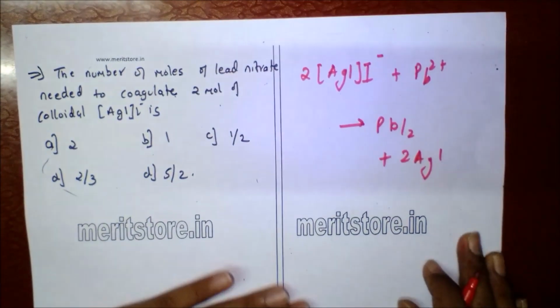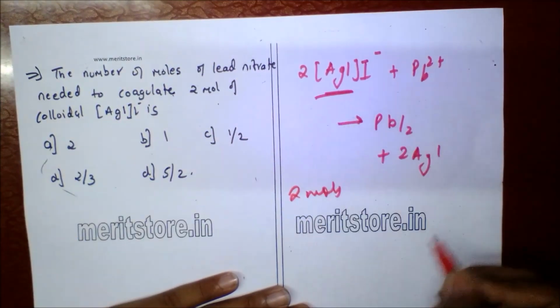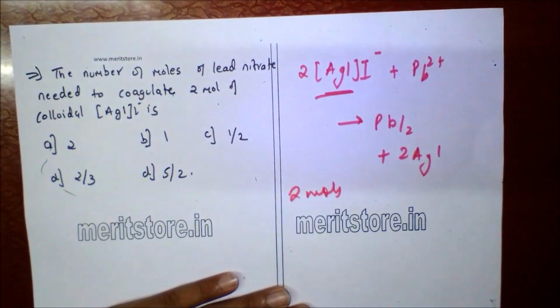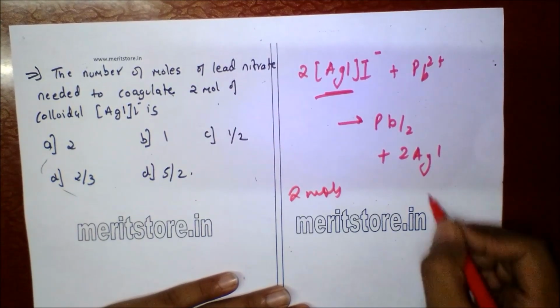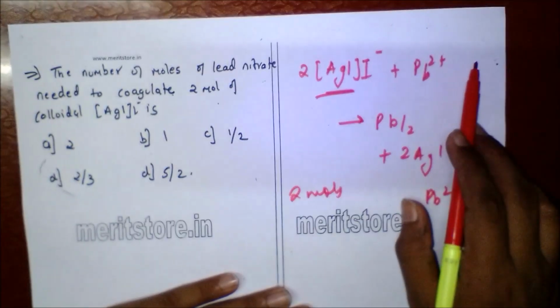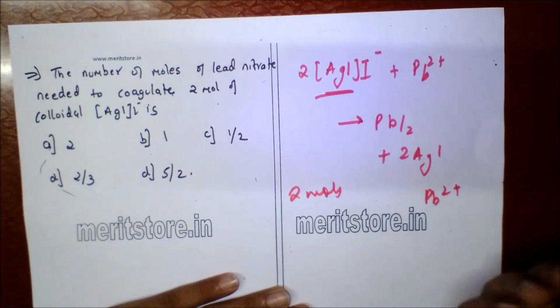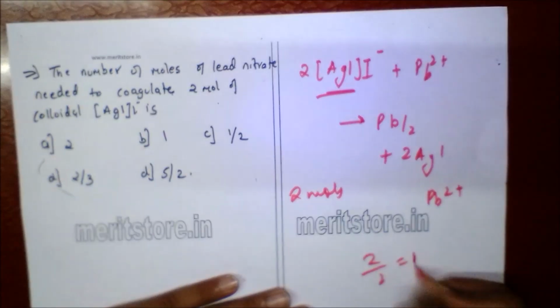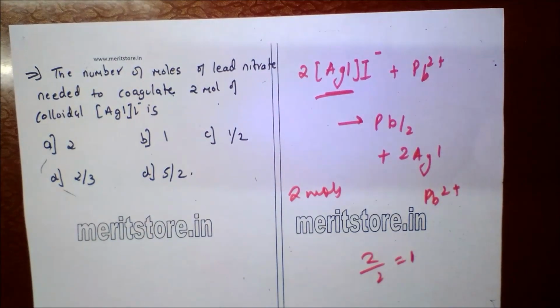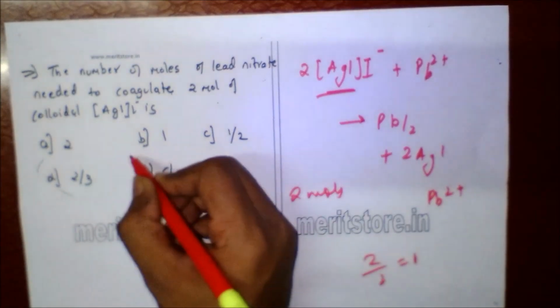Now here, 2 moles of AgI minus has 2 mole negative charges. It is equivalent to the total charge on Pb2+. Therefore, 2 negative is equal to 2 positive, so 1 mole of lead nitrate is needed. The answer is 2 by 2, which is 1. Therefore, the correct answer is option B.